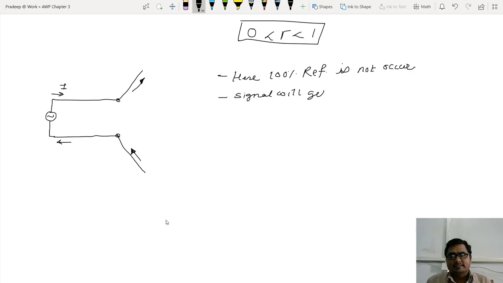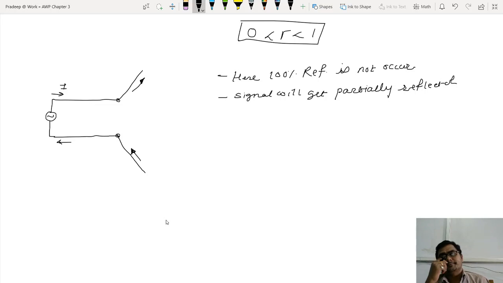Signal will get partially reflected. Is it? What is the conclusion? The conclusion is, if you flare it, reflection can be reduced. Yes, this is what the conclusion.